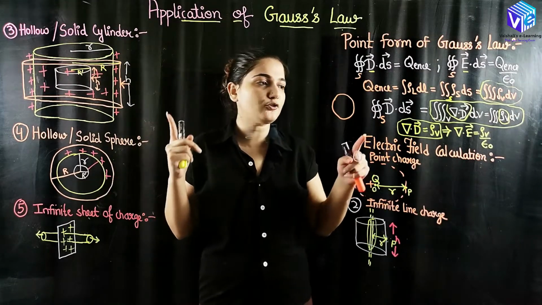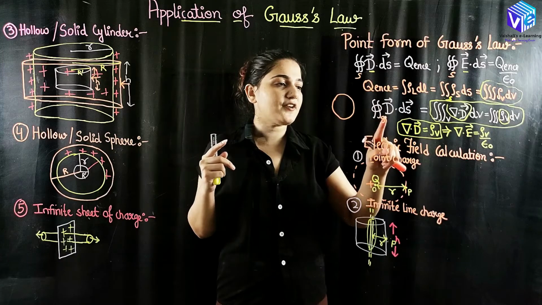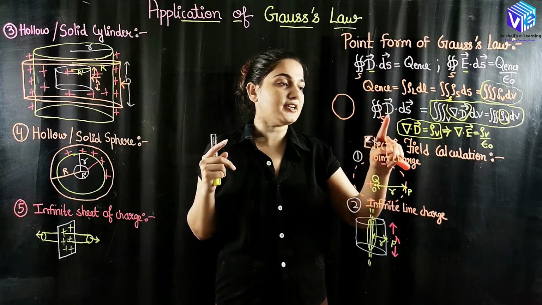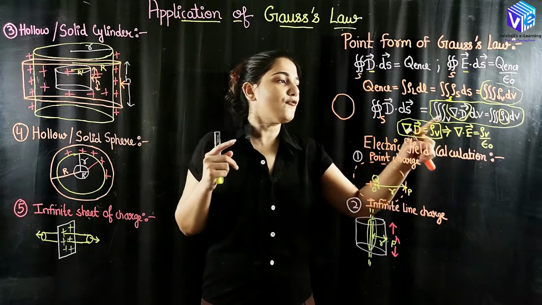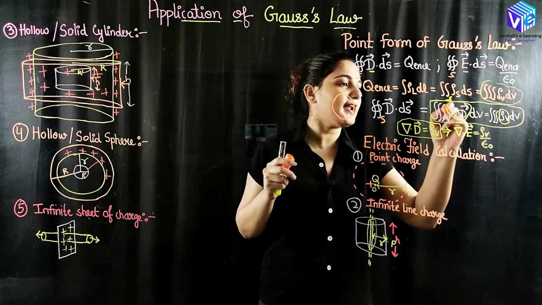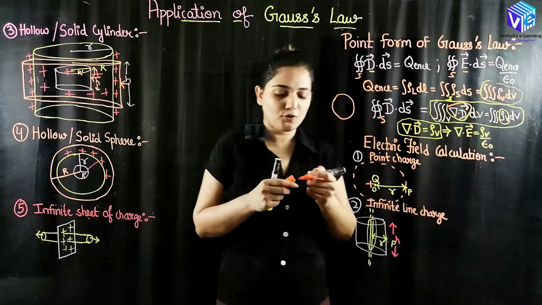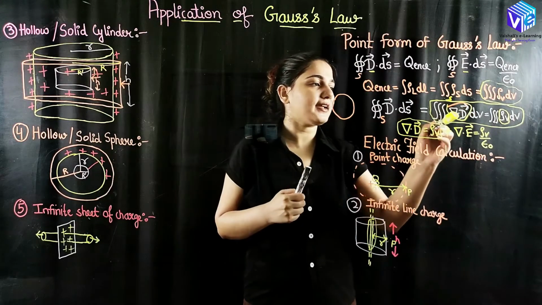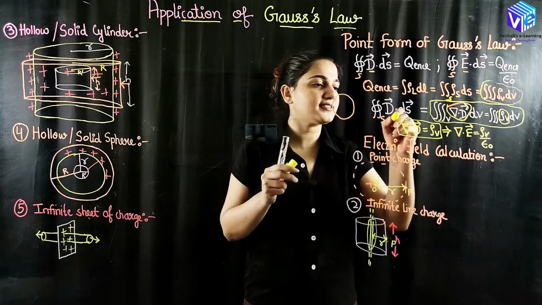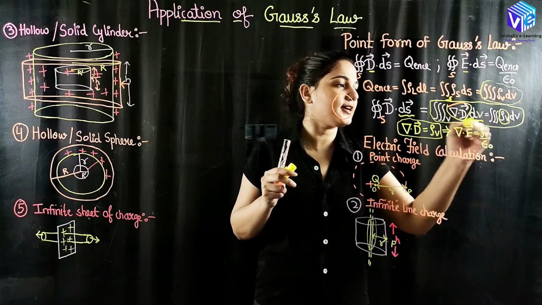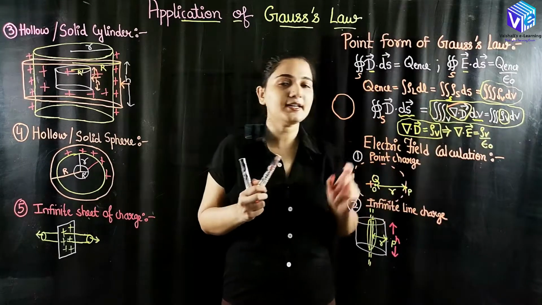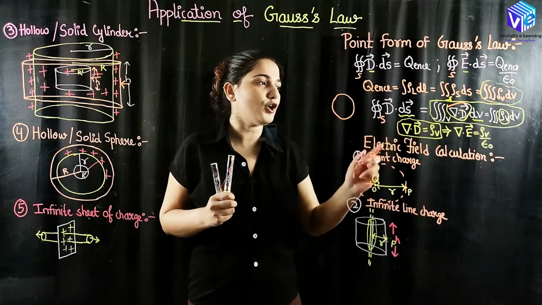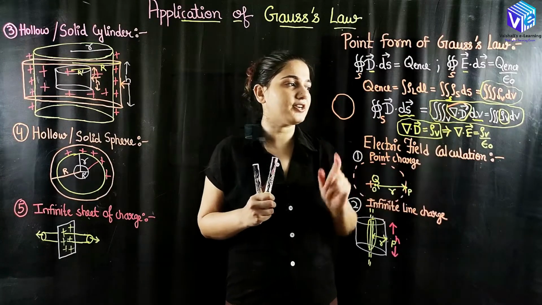The closed surface integration of D dot ds is equated to the volume integration of del dot D dV. So I take the divergence of D, and this is how I convert the surface integration into volume integration with the help of the divergence theorem.